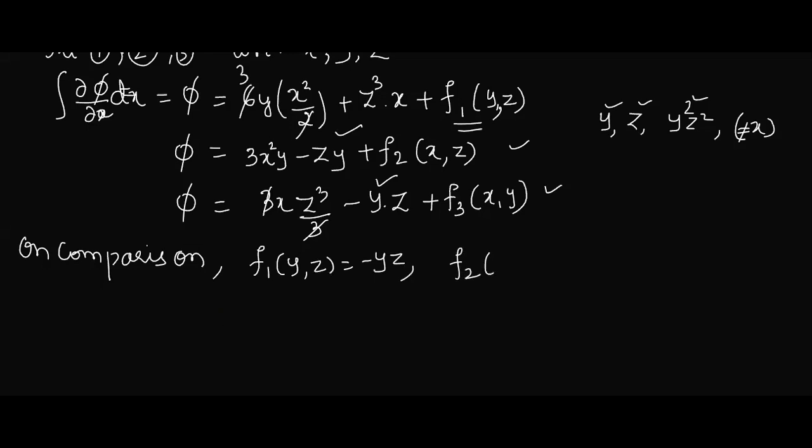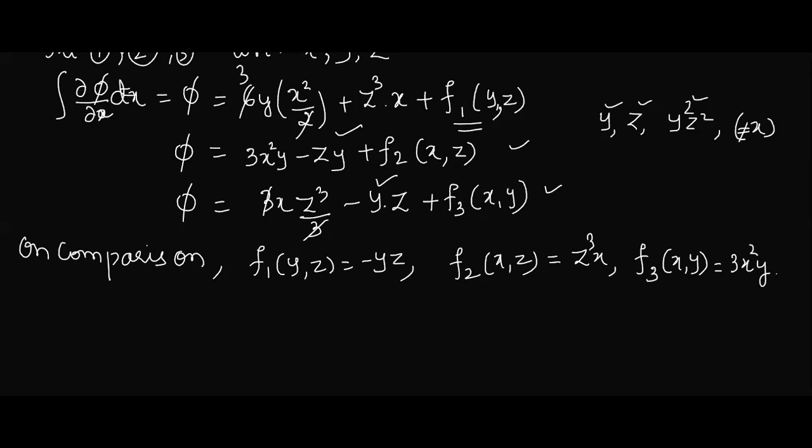A function of x, z means terms containing x or z or both, but should not contain y. Tell me the term which is not present in the second expression but present in the first and third. x z cube. Similarly, what should be my f3, function of x, y? 3x square y.